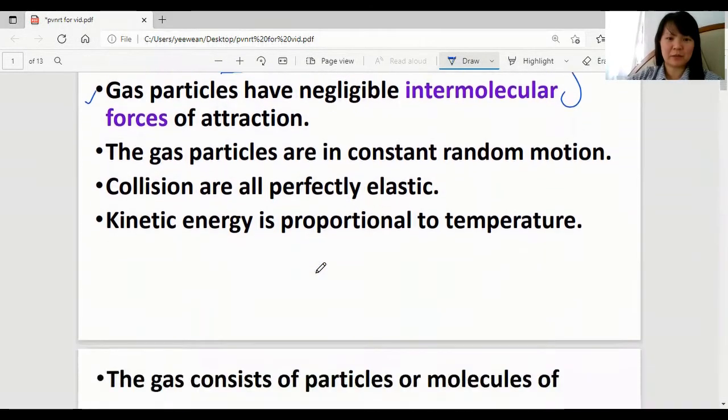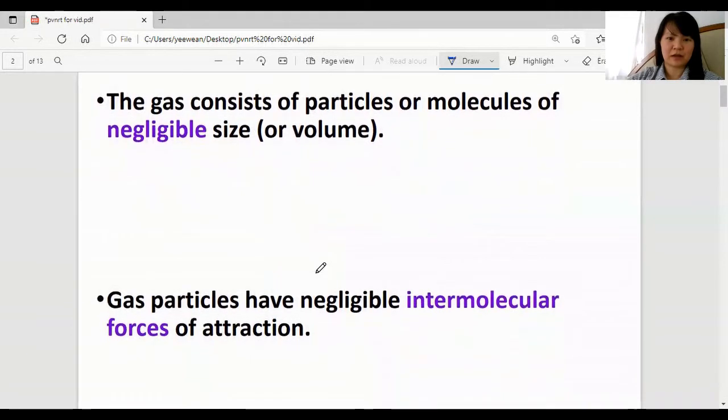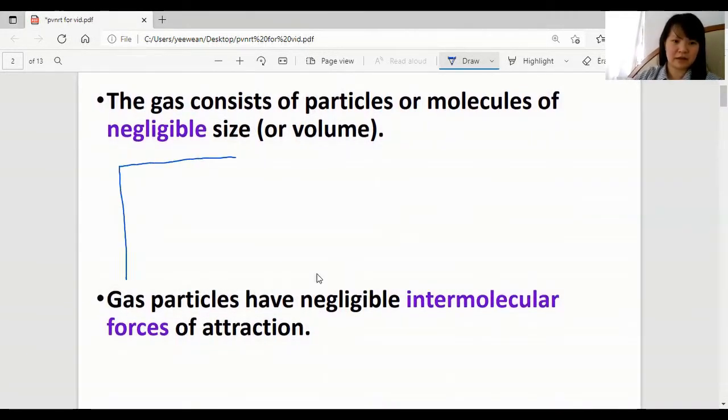Let's look a little deeper into that. What volume or size are they talking about? If we have an ideal gas here in this container, the one that is negligible, they're not talking about the size or volume of this container, but of the gas molecules.